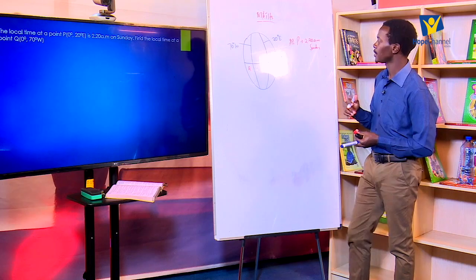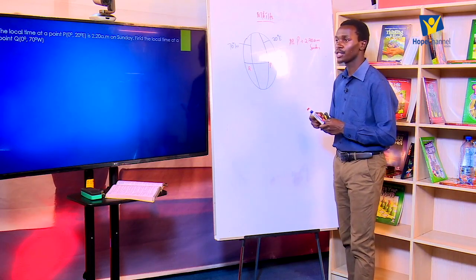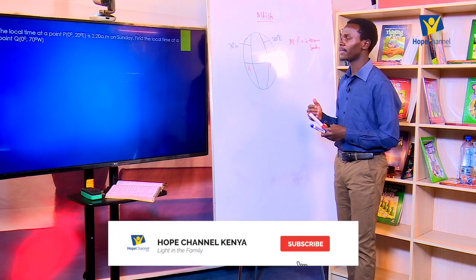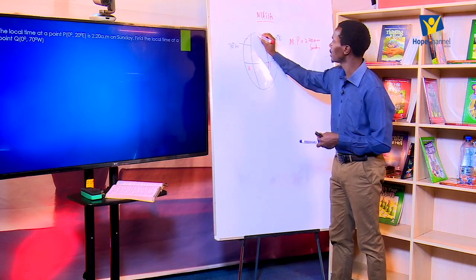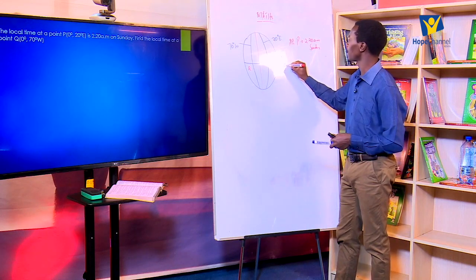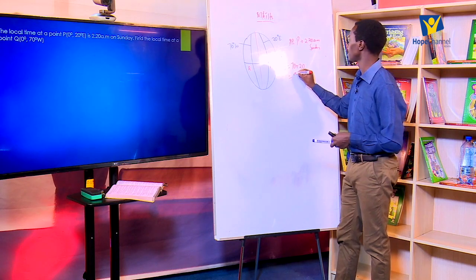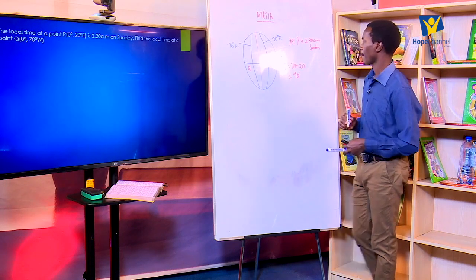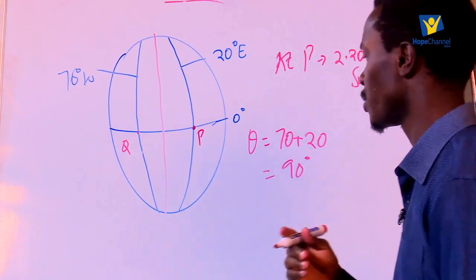Now the first thing is get the longitude difference. Remember, the difference in longitudes gives us the time difference. Because this is east and this one is west, we are going to add. So the longitude difference theta will be 70 plus 20. That gives us 90 degrees.